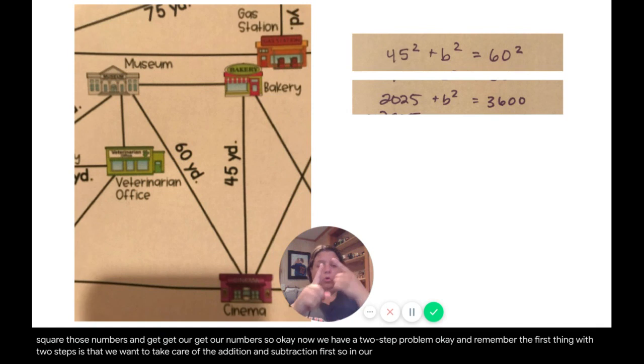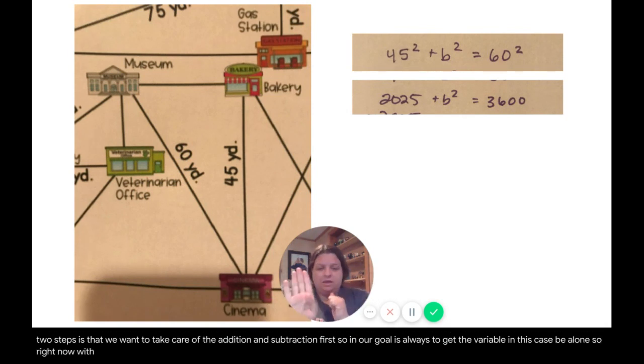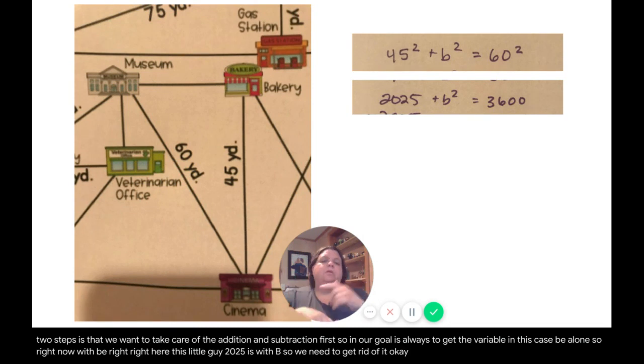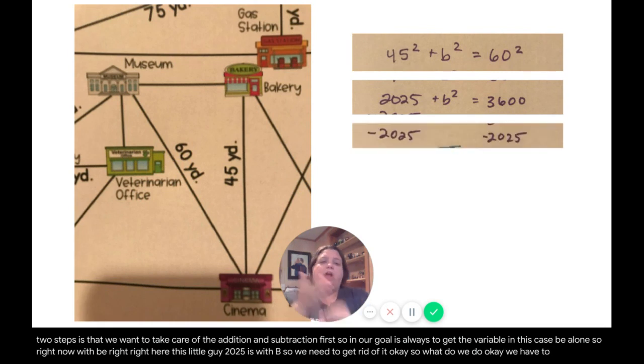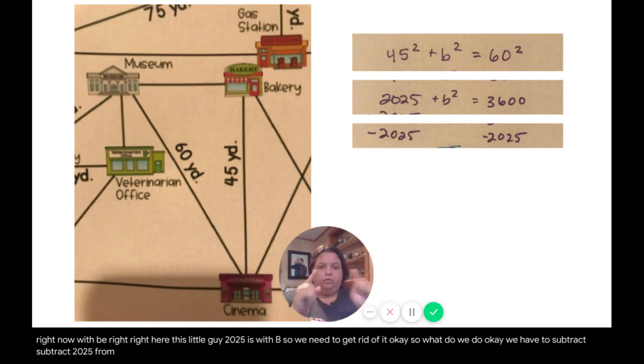Our goal is always to get the variable, in this case b, alone. Right now, this little guy, 2025, is with b. So we need to get rid of it. So what do we do? We have to subtract 2025 from both sides.